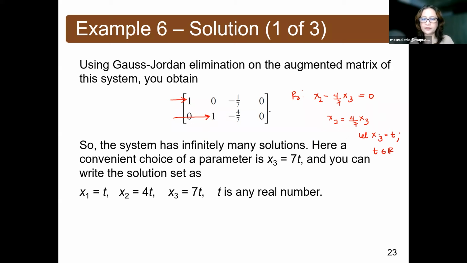Based on this expression, we have x sub 2 is 4 over 7t. And then with row 1, what do we have? According to row 1, we read it as x sub 1 minus 1 over 7 x sub 3 is 0.